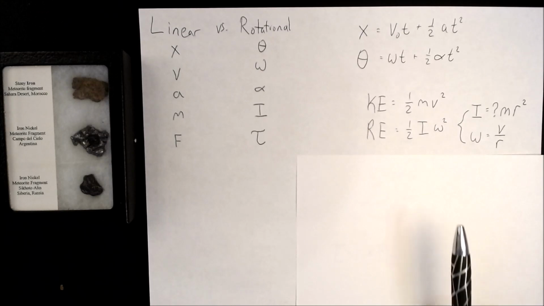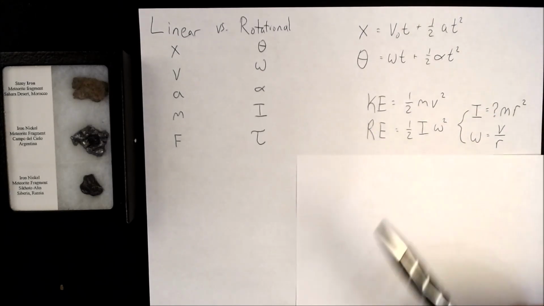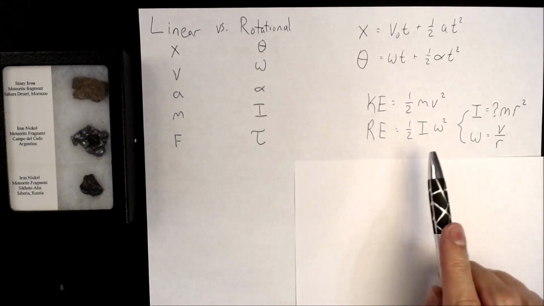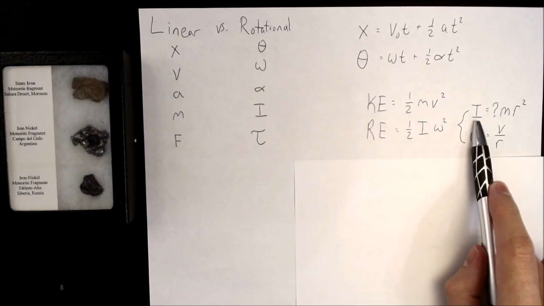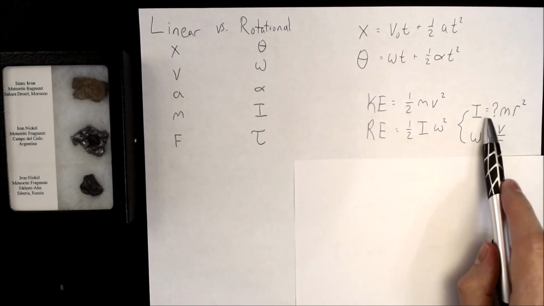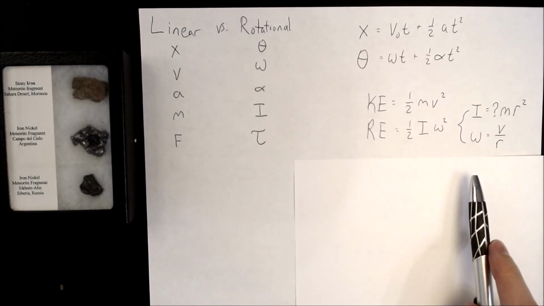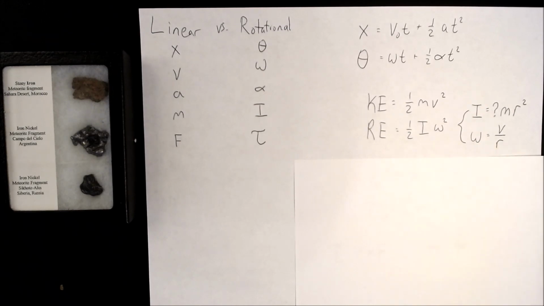V is how fast it's moving linearly. Omega is how fast it's moving through radians every second. Of course, here, the moment of inertia was equal to something. It always ends up being some fraction times the mass times the radius squared. And omega was equal to v over r.